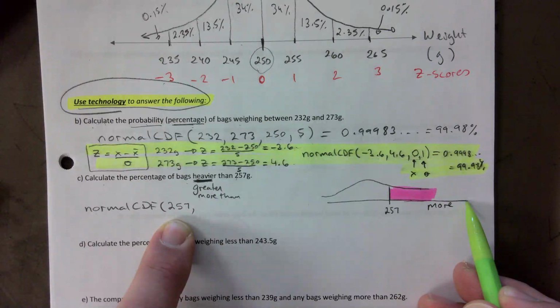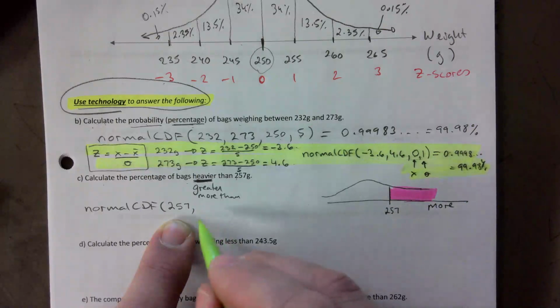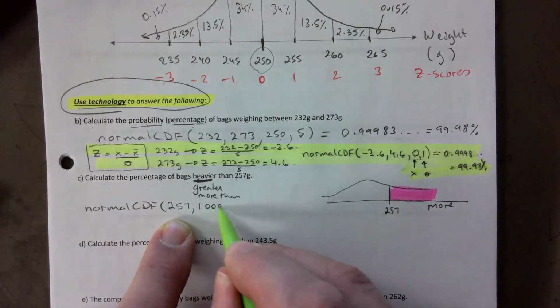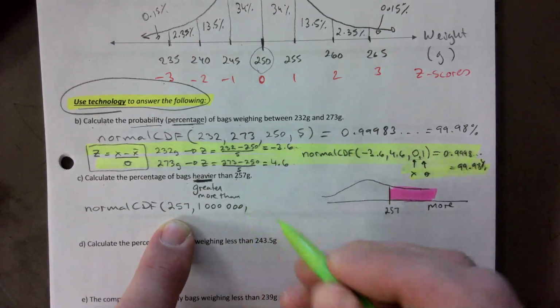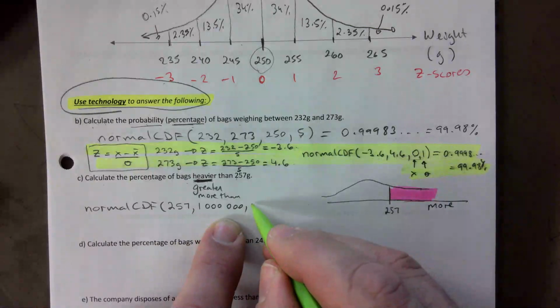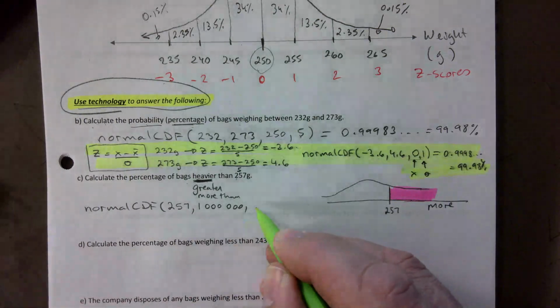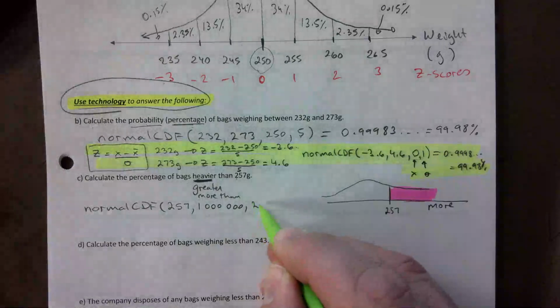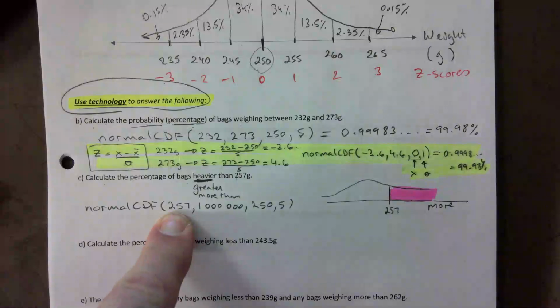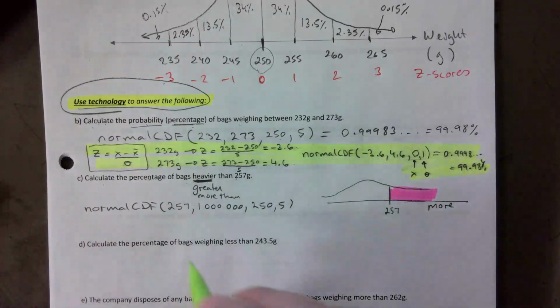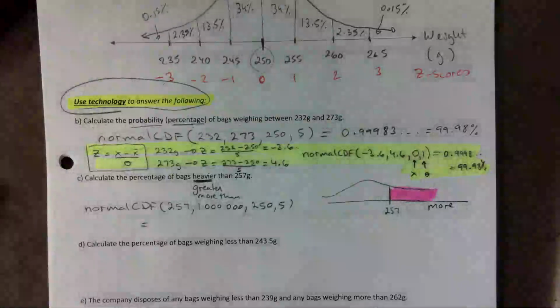If you put in infinity, your calculator would never stop calculating. It would just keep going till infinity. You don't want to sit that long, do you? No, I wouldn't either. So you just put down 1,000,000 or something really big, okay? And then followed by, is it 0 or 1 or is it 255? It's 255 because this 257 represents an actual weight, okay? So let's go ahead and figure this out.